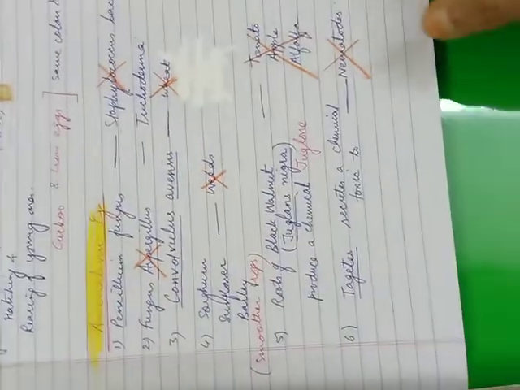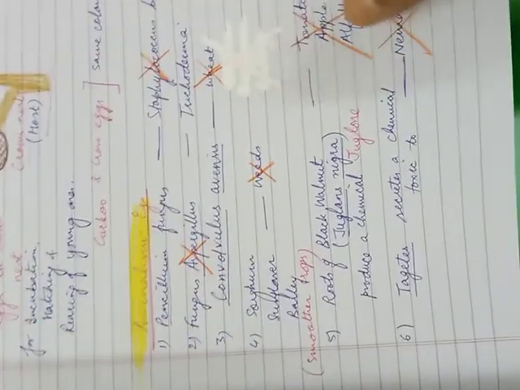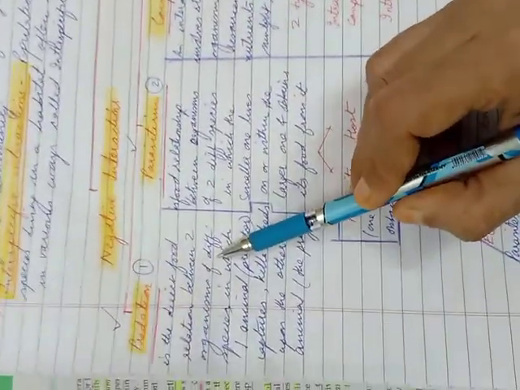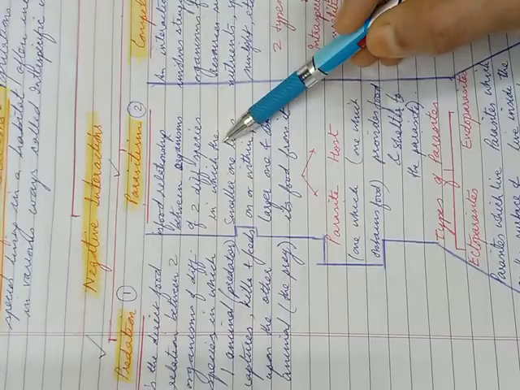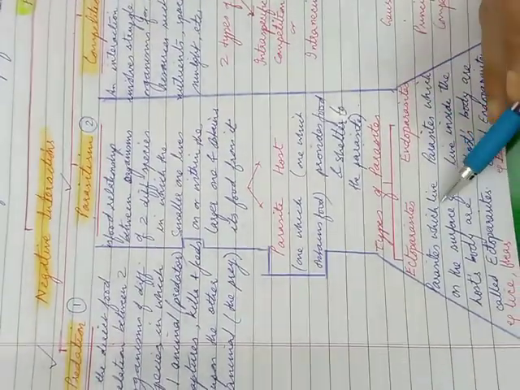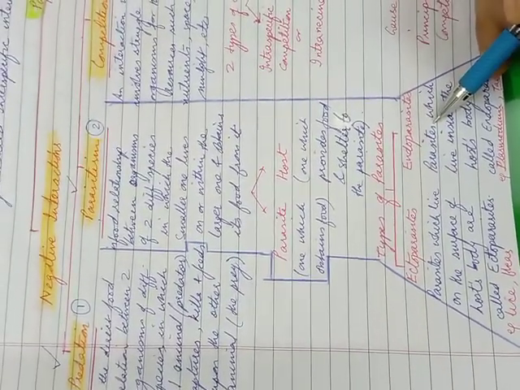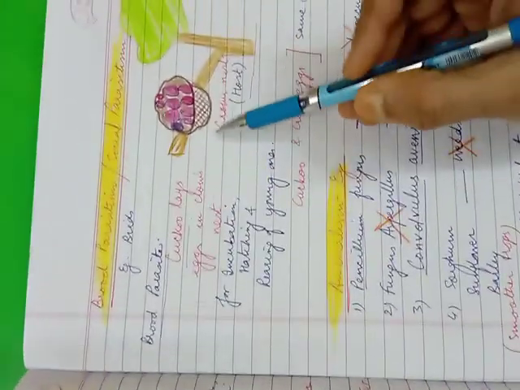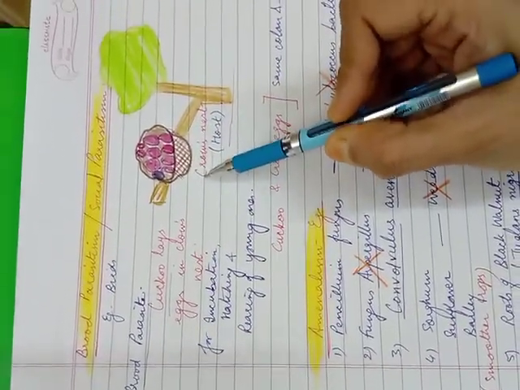So today we'll stop here, children. 3 relationships of interactions we have done today. I'd just like to show you what we have done. We've completed predation, parasitism, under this the types of parasites, ecto and endoparasites, and we had done brood parasitism or social parasitism.